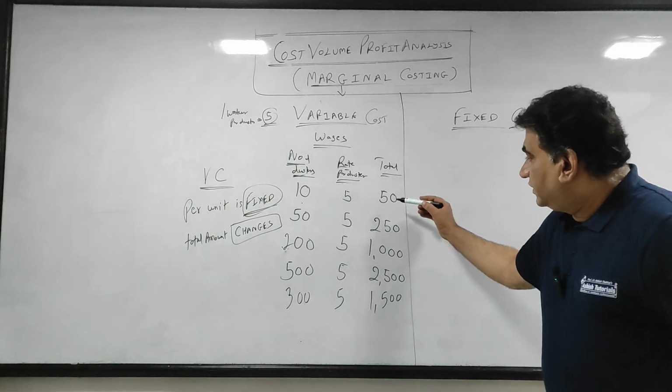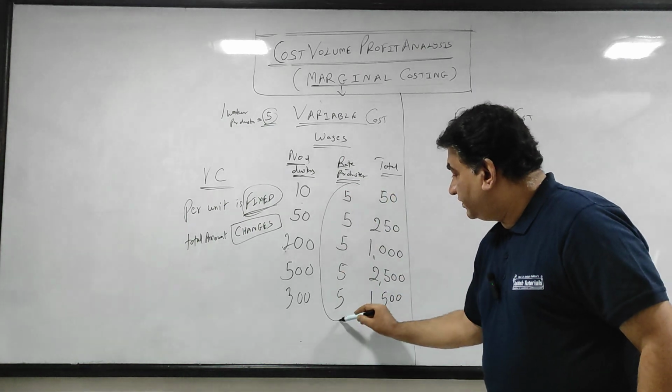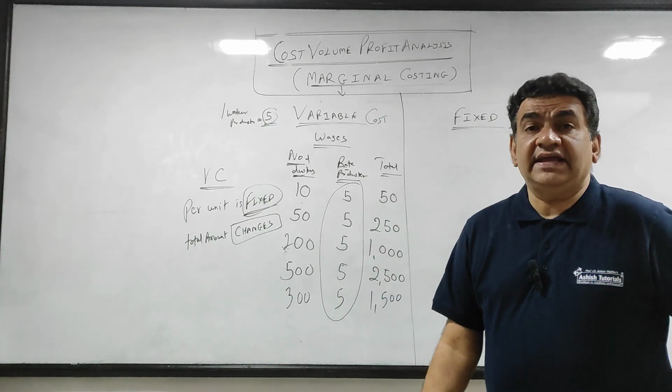See, the total amount kept changing, but per unit, look, everywhere it is 5.